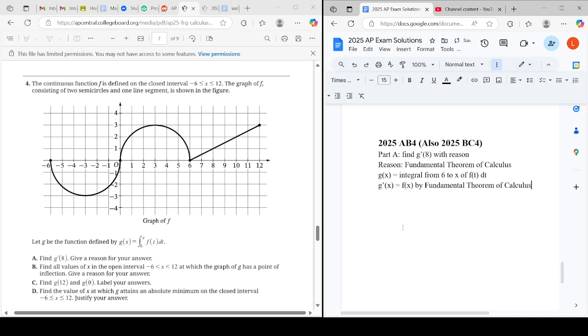So once you get that reason, you could say g prime of 8 equals f of 8 equals 1, if you can see from here where I'm pointing.